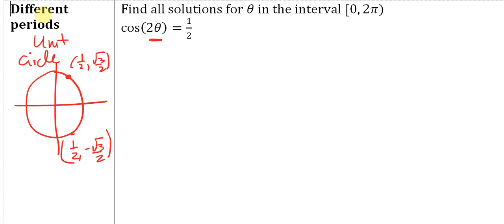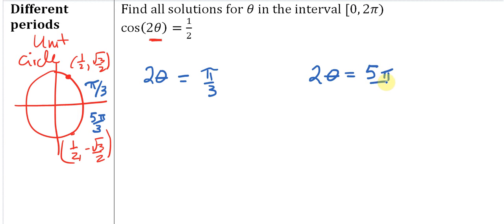And the angles at those particular spots, this is pi over 3, and down here this is 5 pi over 3. So we know that there are 2 solutions to this problem so far, at least for 2 theta. So 2 theta is equal to pi over 3, and 2 theta is equal to 5 pi over 3.